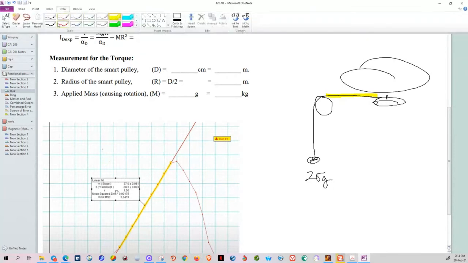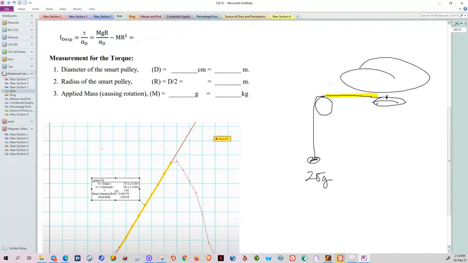Why should it be horizontal? Simple, because you want the forces being applied to be applied 100%. If the string is too high or too low, then you have to measure the angle with the horizontal.